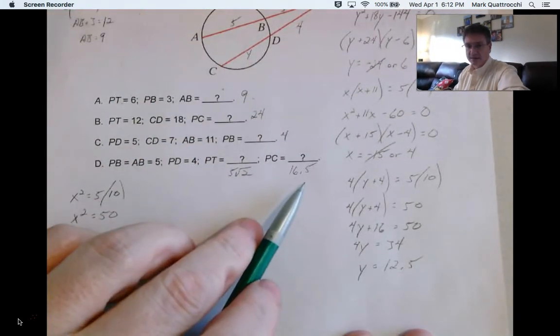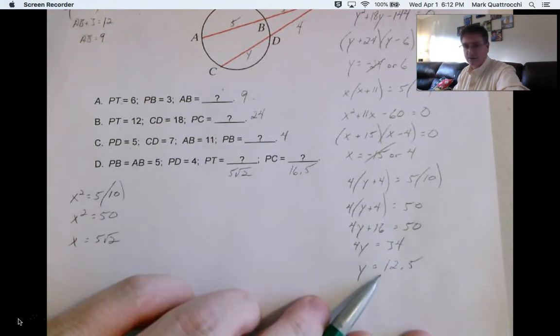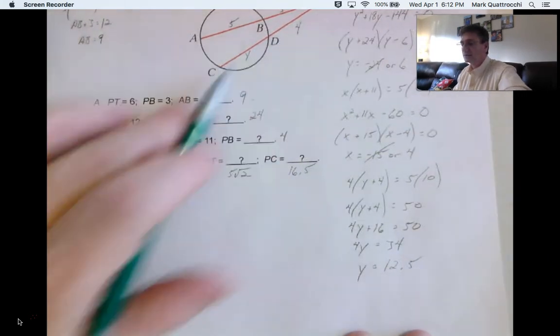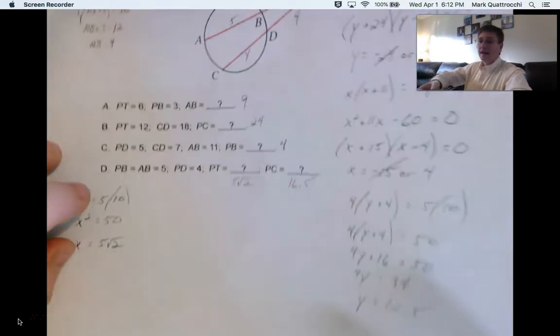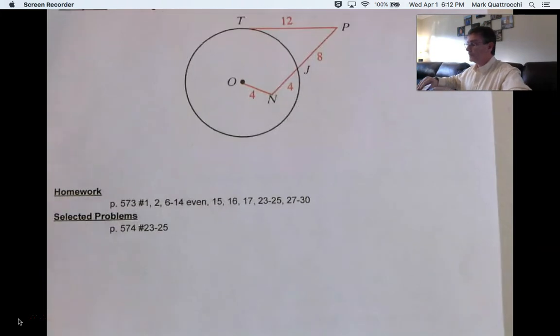Which I believe is, again, a typo in the answer key, because they just gave you the answer for CD. They didn't give you the answer for PC and didn't add the 4 to it. All right, last problem. The last problem is extremely tricky.